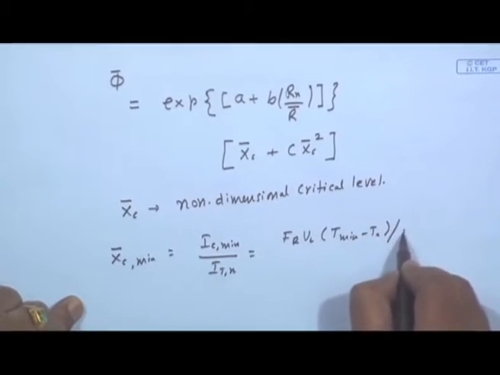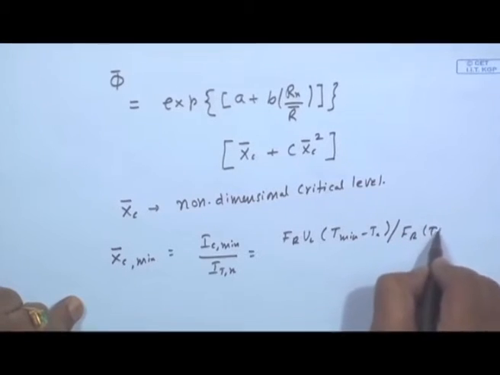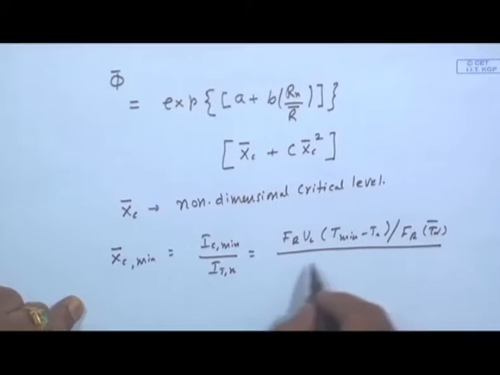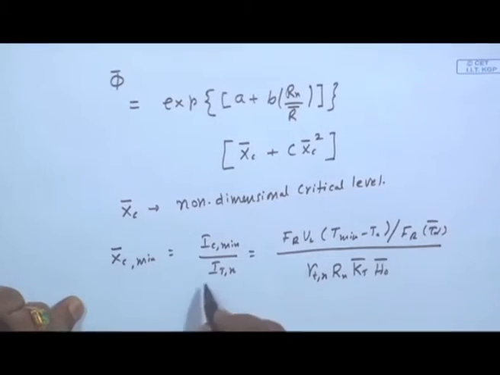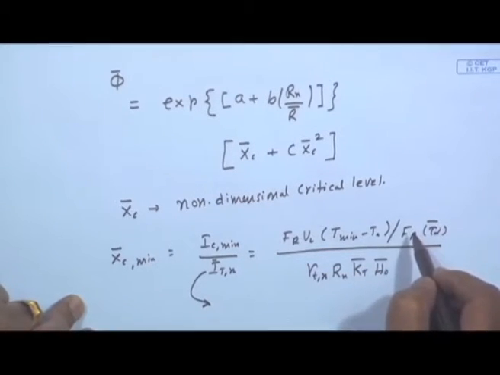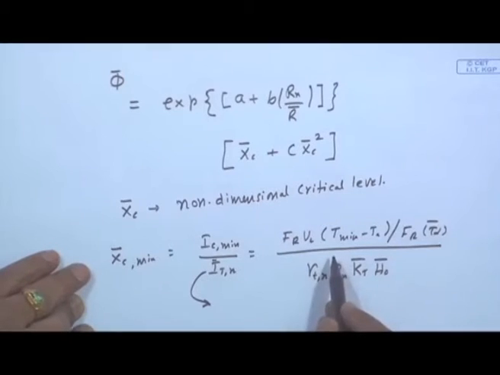I have not written the time factor, note this, divided by Rt at noon time, or at noon time KT bar H0 bar. This is the solar radiation on the monthly average day at the noon time with which I am comparing the critical radiation level. So, this can be more than 1 or less than 1.